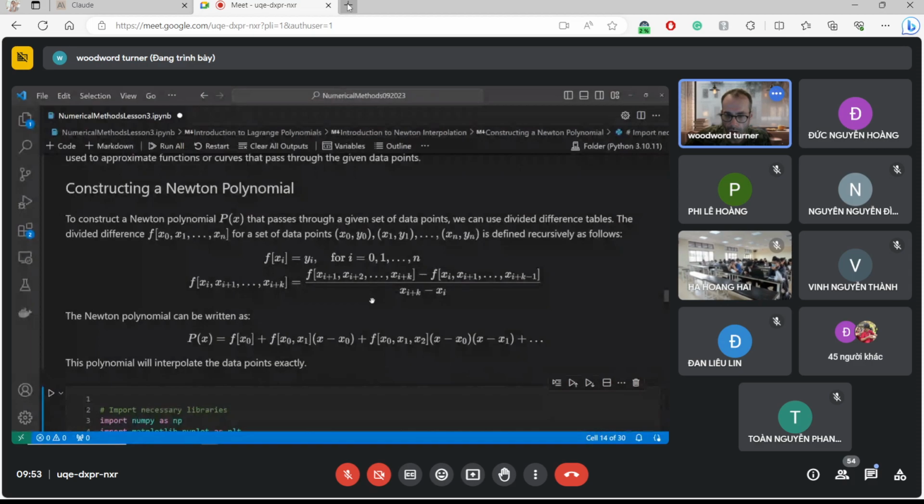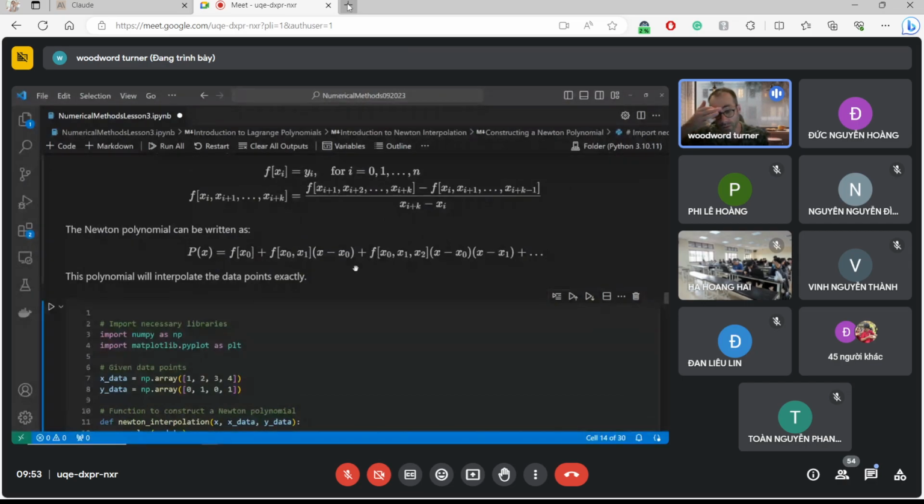This is just a recursive definition, and it's a little bit weird at first when you see it, but it's better if you do problems using this to really understand it. You can't really understand it just by trying to read it, right? You have to actually do it. It's like, you can't play sports by watching sports. If you want to be good at sports, you have to do it, and math is kind of the same way.